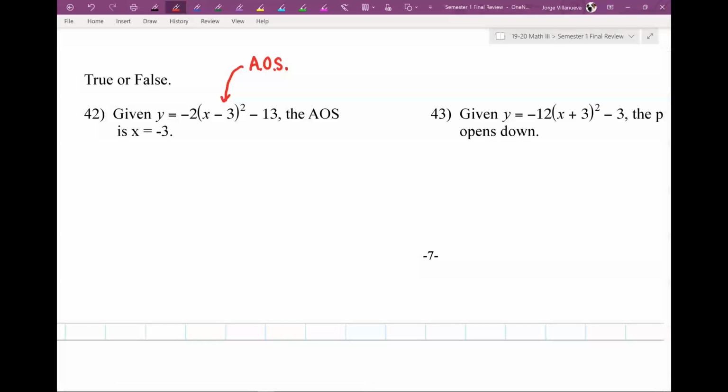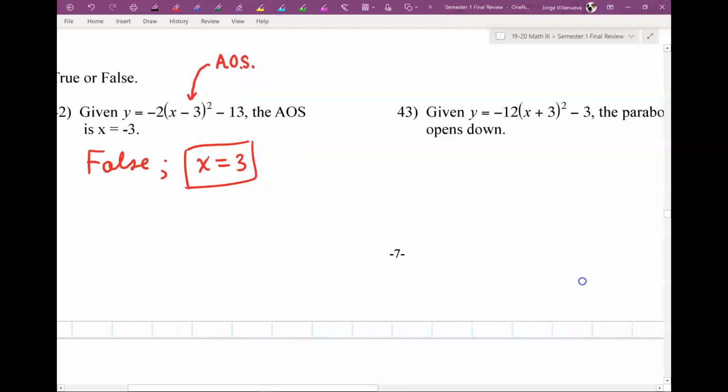It's positive. It's always opposite of what you see. So this is false. The answer is x equals 3, not negative 3, positive 3. Remember, the numbers inside of the parentheses or the numbers inside of the absolute values are always opposite of what you see.